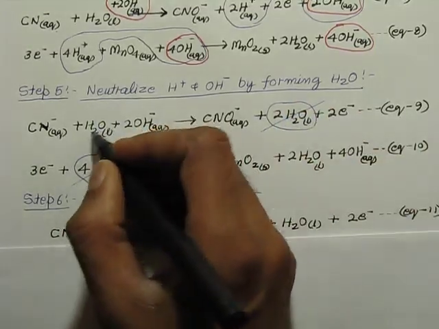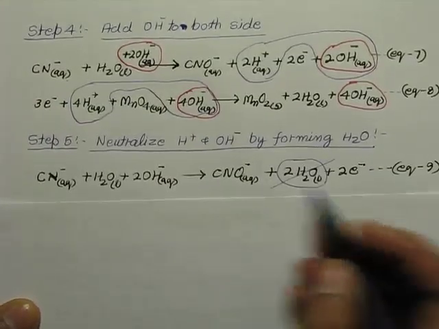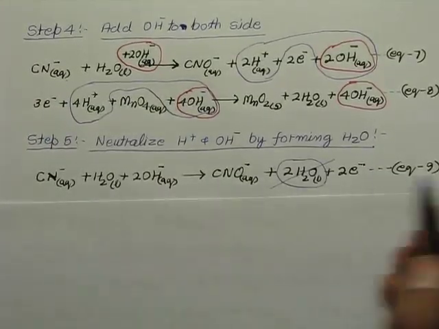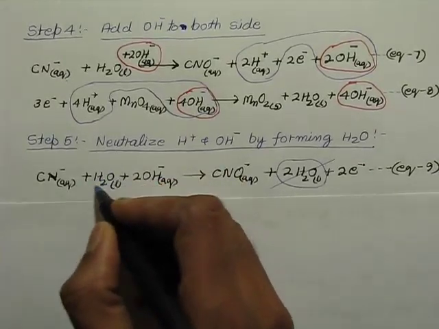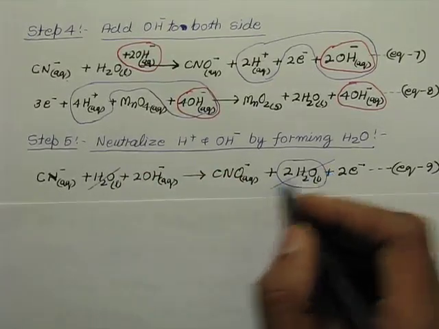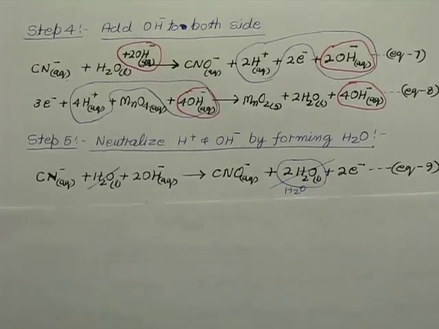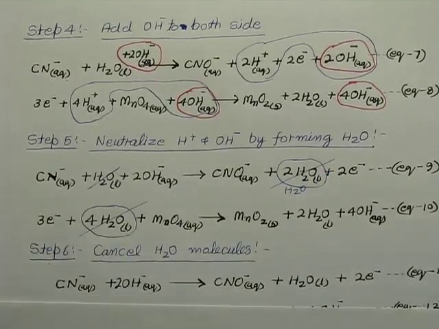First we have to cancel individually. Actually, let's talk about equation number 9. We have to cancel water molecule in equation number 9. So 1 water molecule is on this side and 2 water molecule on this side, so only 1 water molecule will remain here.